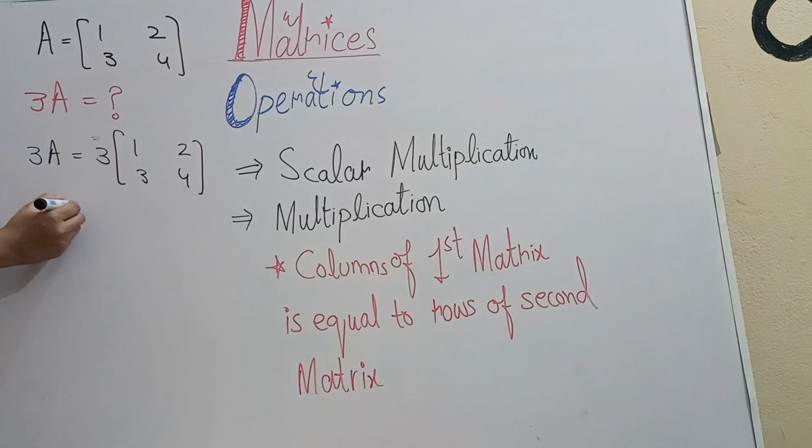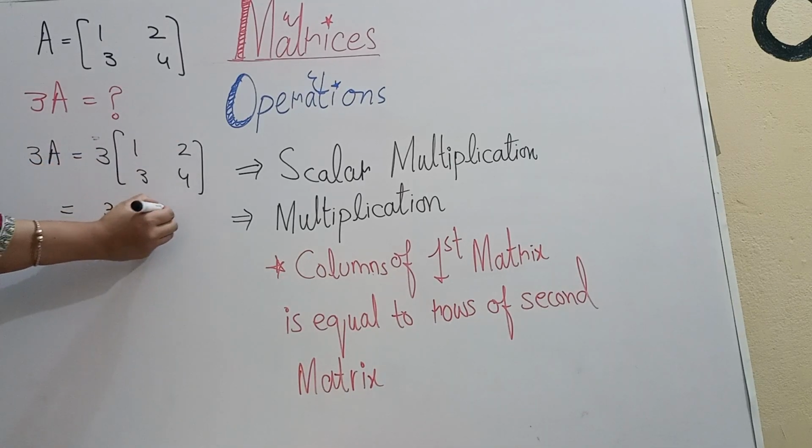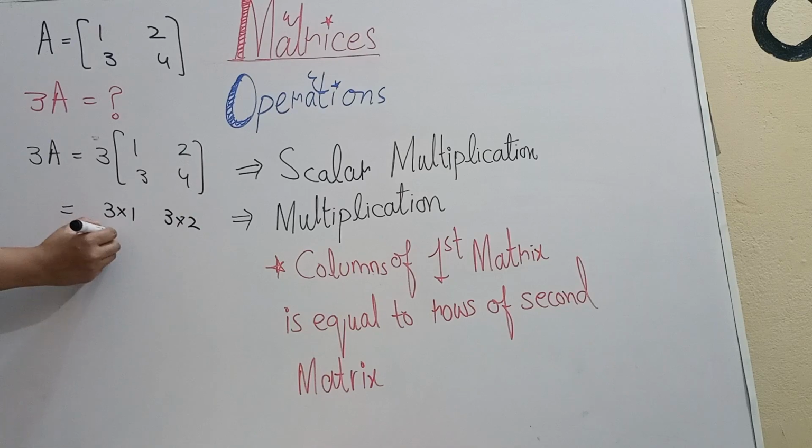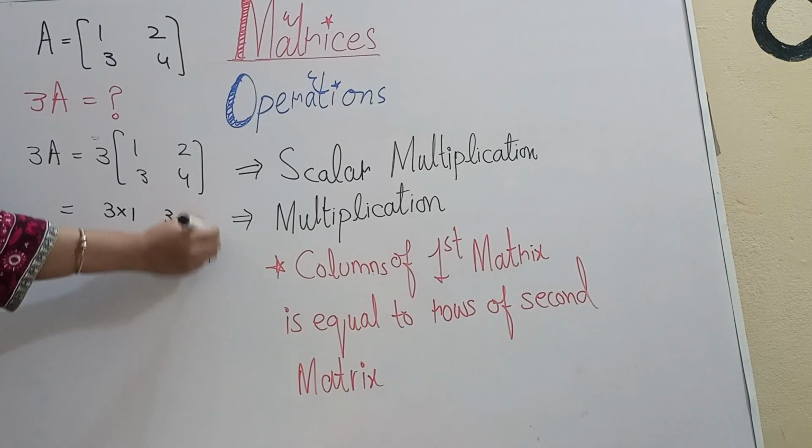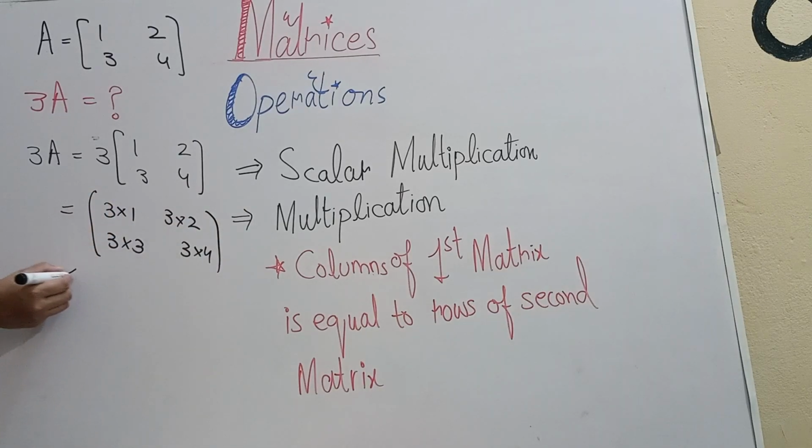And in the next step, we have to multiply this number with each number in our matrix. So here it becomes 3 multiplied by 1, then 3 multiplied by 2, then 3 multiplied by 3 and 3 multiplied by 4.